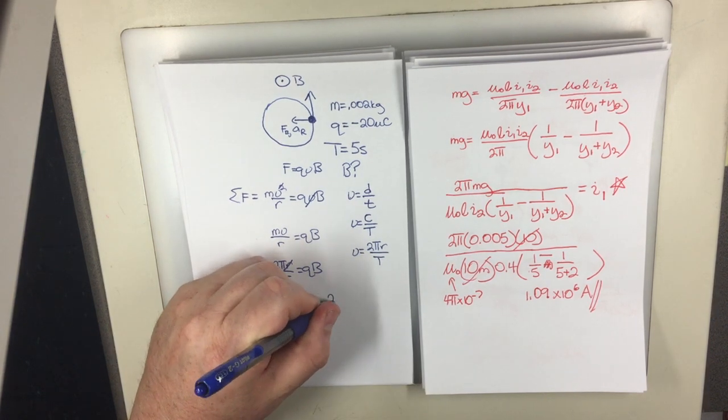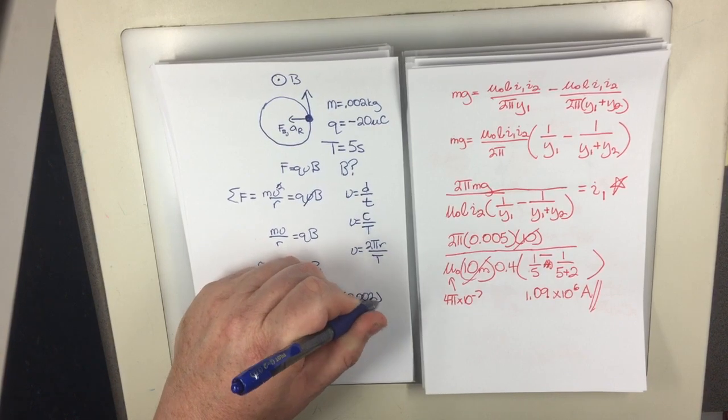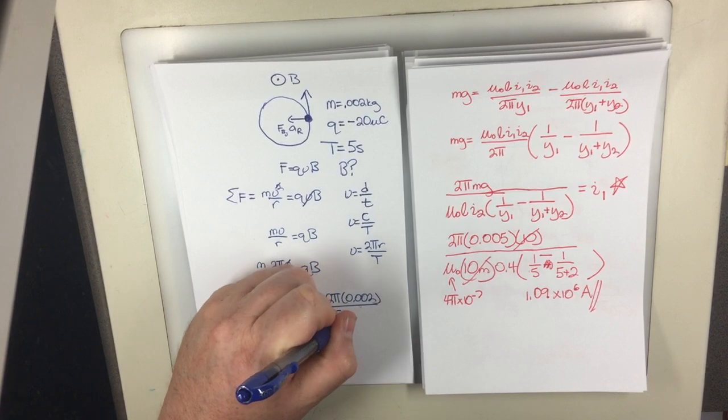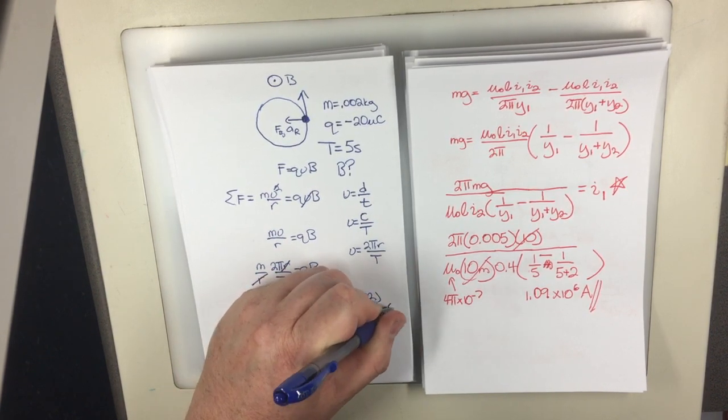So this is 2 pi times 0.002 over 5 times 20 times 10 to the negative 6.